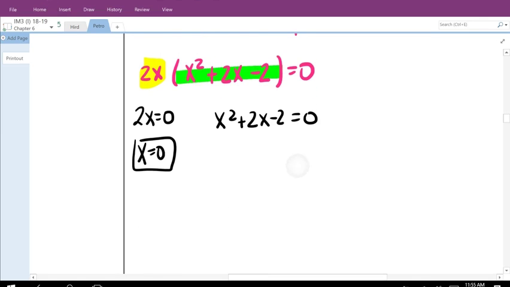Okay, so remember, my A value is 1, my B value is 2, and my C value is -2. And we're going to use that quadratic formula. So here we go.